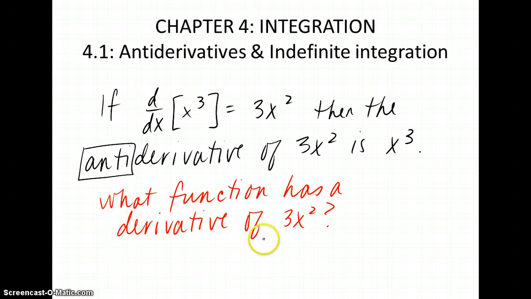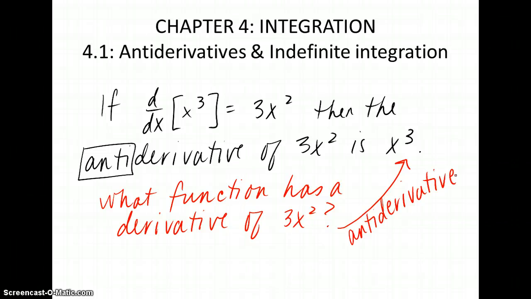The answer to that question is the antiderivative. So in this chapter, beginning with this lesson, we start with the derivative and determine the function that has that behavior.